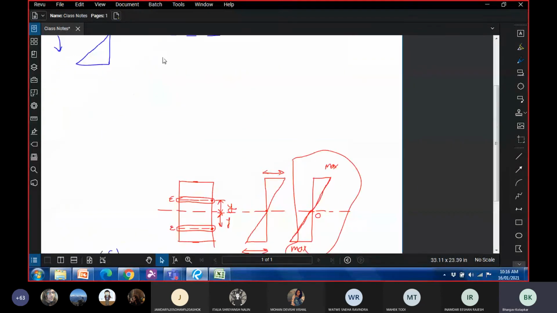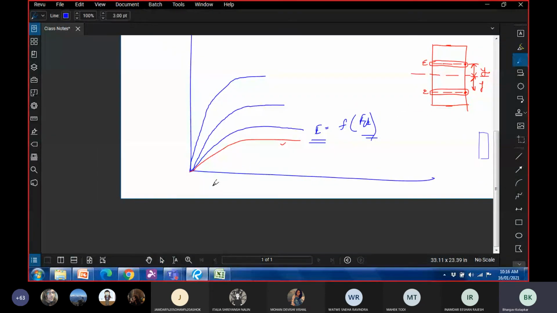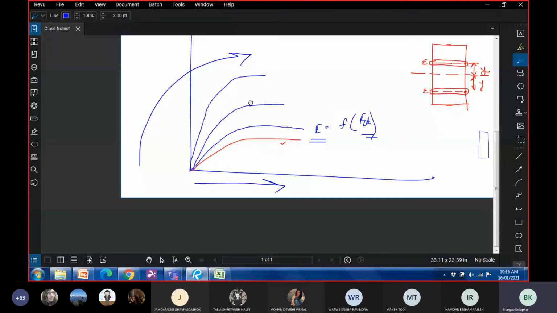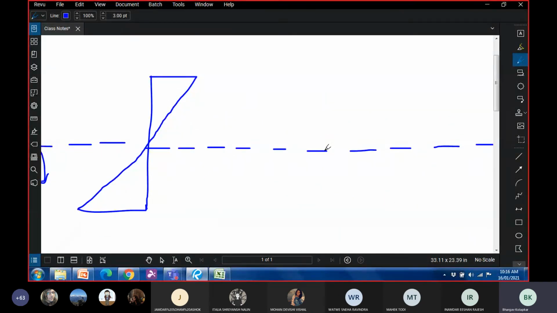Now, we have seen the stress strain curve for concrete. So whenever the strain increases linearly, the stress increases in a parabolic manner. So if I draw the same thing here, if this is my strain variation, the stress variation will look something like this.